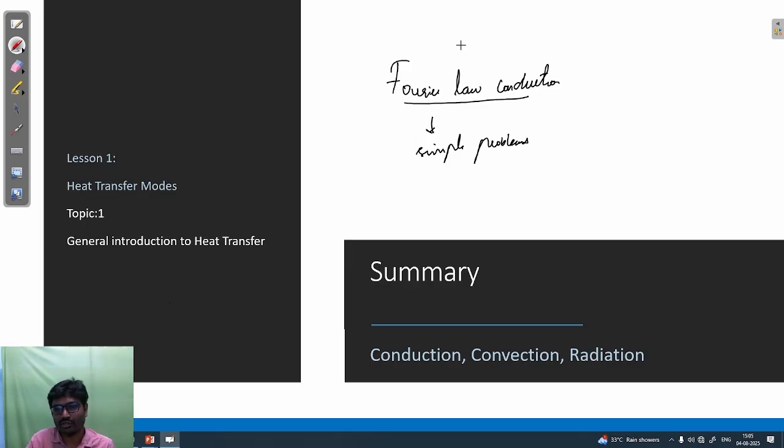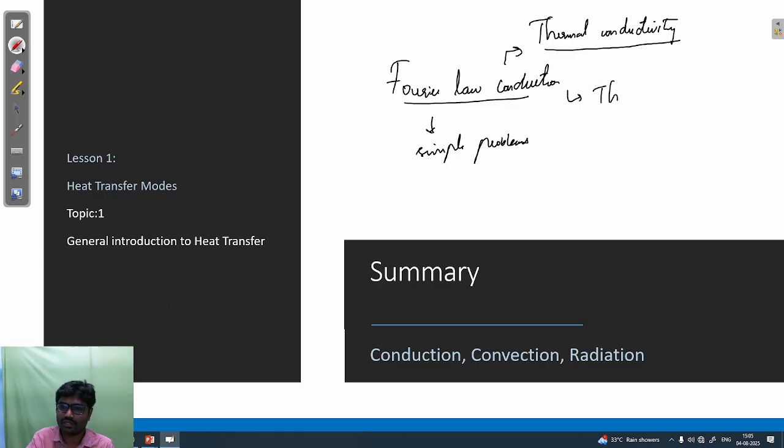Before that, we want to see some related terminologies, for example thermal conductivity. These are terminologies you should know before solving the problems. So we will discuss what thermal conductivity is and what thermal diffusivity is, and we will solve a simple problem in the next class.